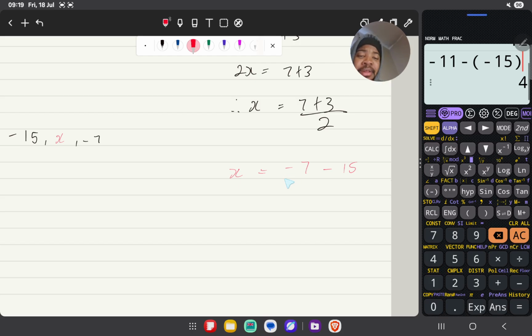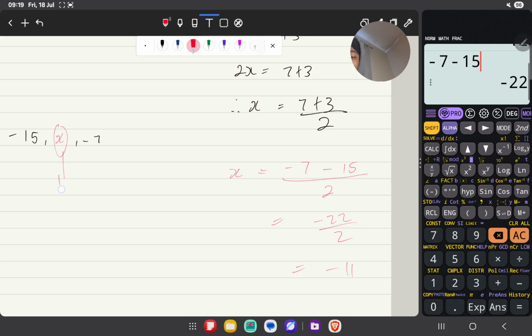Then we divide by 2. The calculator says you're going to have minus 22. So minus 22 divided by 2, you get minus 11, and x is actually minus 11, which we saw earlier. And if you find the difference, you will get 4 all over.